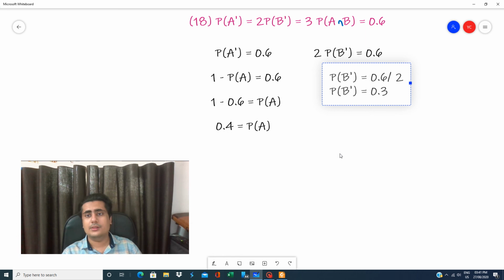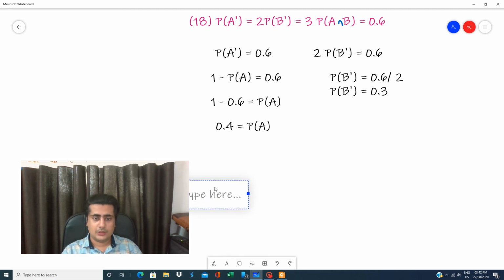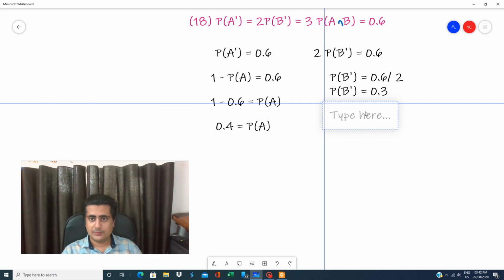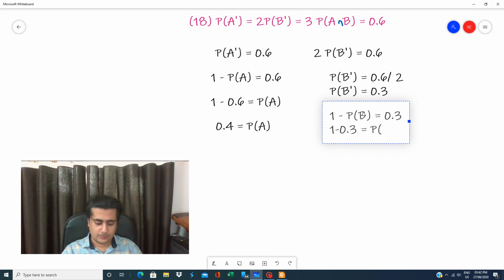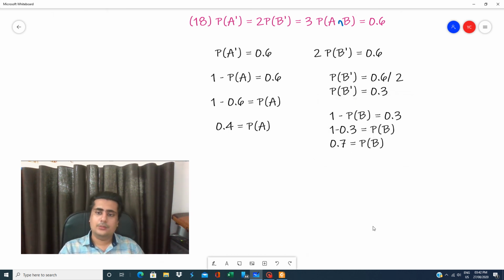Now this is B dash. If you want B, you will do the same thing we have done here. It's 1 minus P of B dash is equal to P of B, so 1 minus 0.3 is equal to P of B. 0.7 is equal to P of B. Okay, so P of B is equal to 0.7.